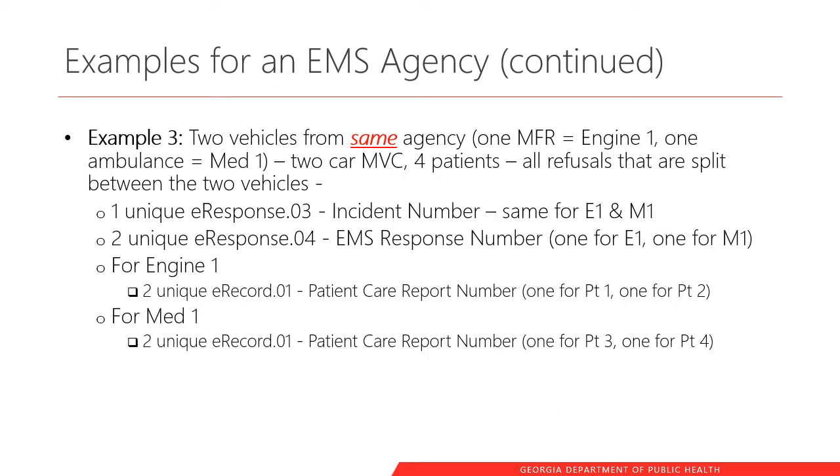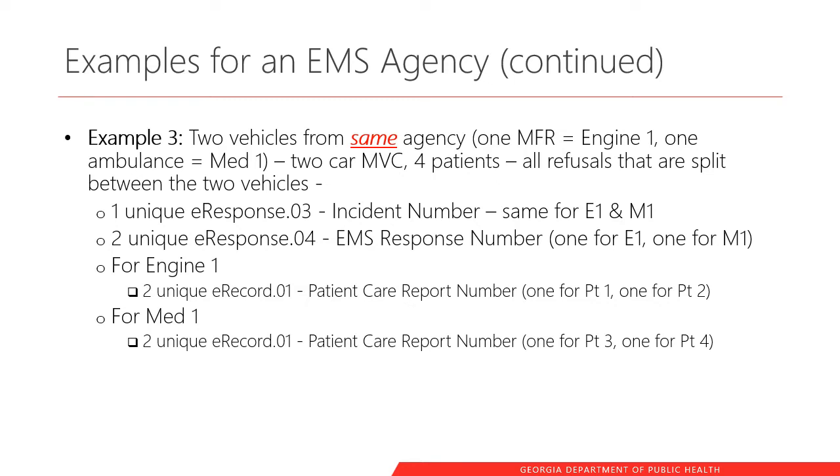Example number 3: 2 vehicles from the same agency, one engine and one med unit, but there are multiple patients on scene. I'm on the ambulance and I say to the engine crew, hey, you take those 2, we'll take these 2. These are all refusals, meaning the patients don't want to go to the hospital, and they understand that.